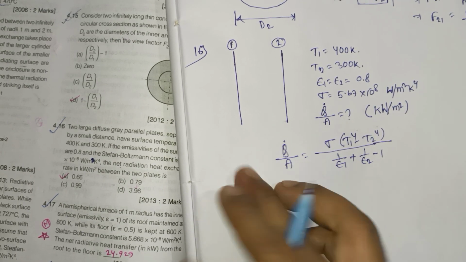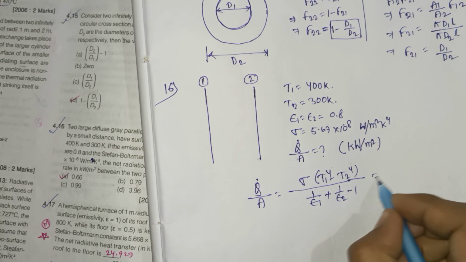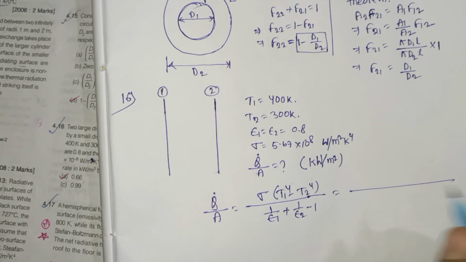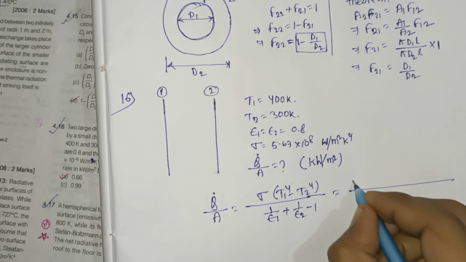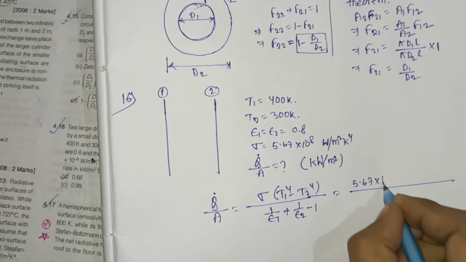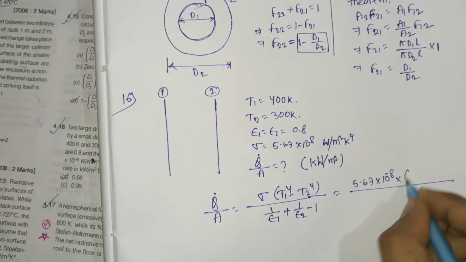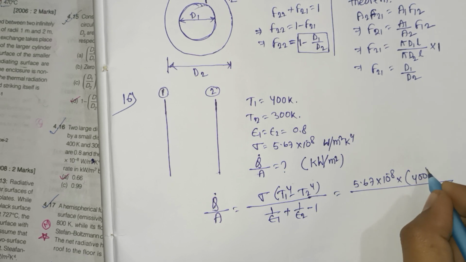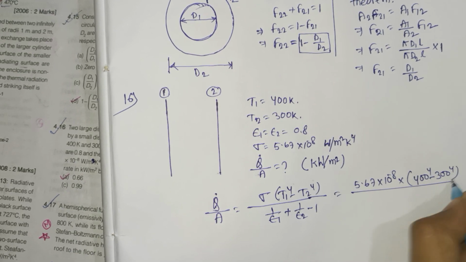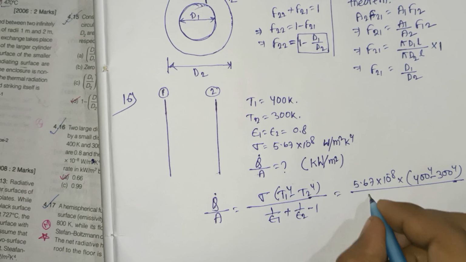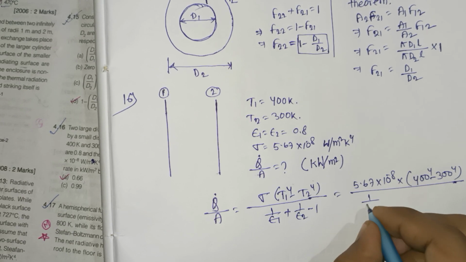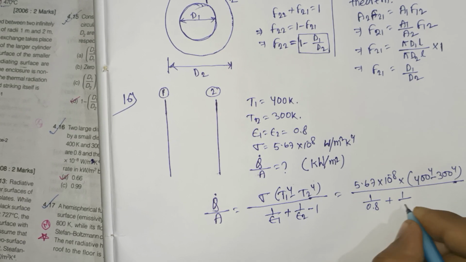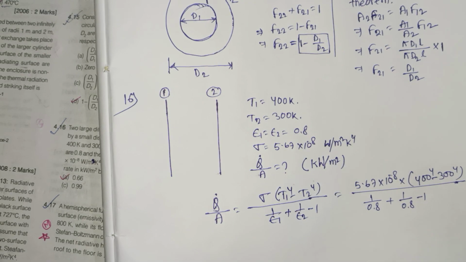From here, sigma is 5.67 into 10 to the power minus 8, into 400 to the power 4 minus 300 to the power 4, divided by 1 by 0.8 plus 1 by 0.8 minus 1.